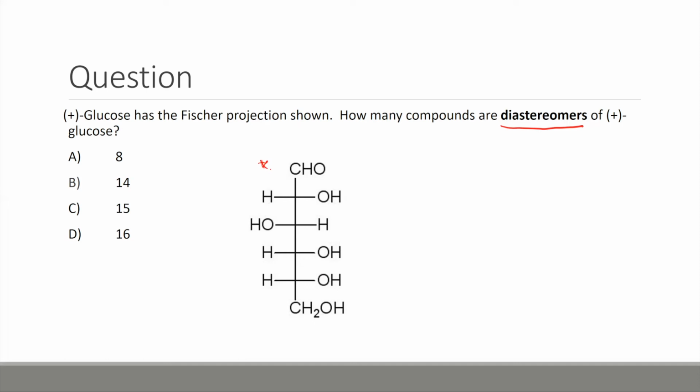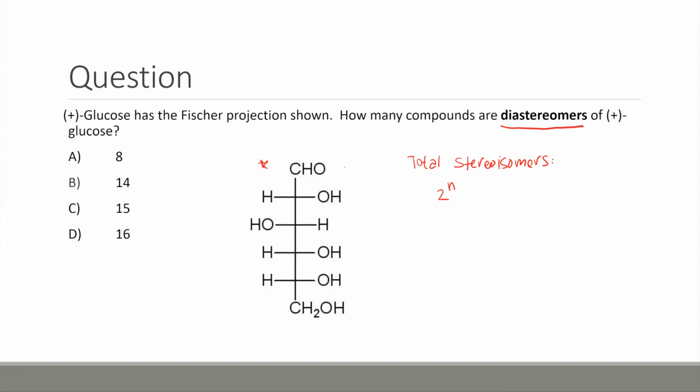How many molecules are diastereomers of this isomer? So first, let's calculate how many total stereoisomers there will be for glucose. We're going to use that equation, 2 to the n, where n is the number of chiral centers.